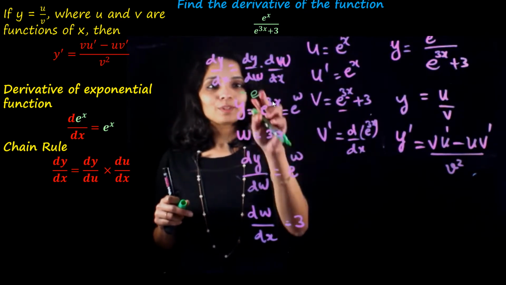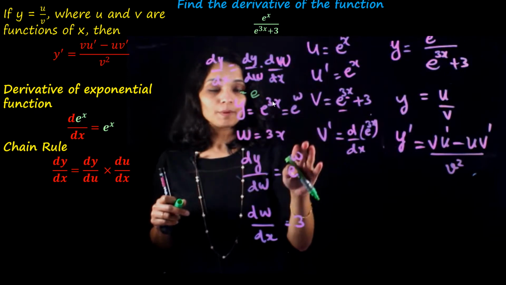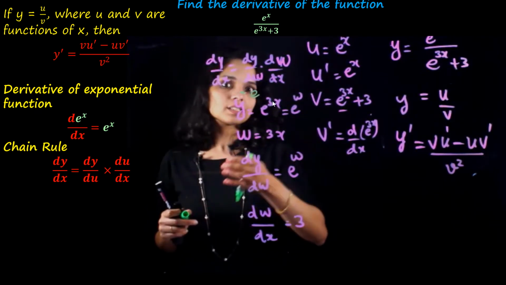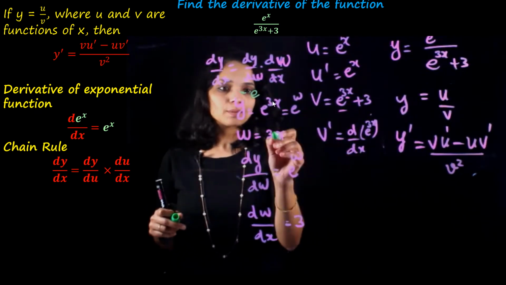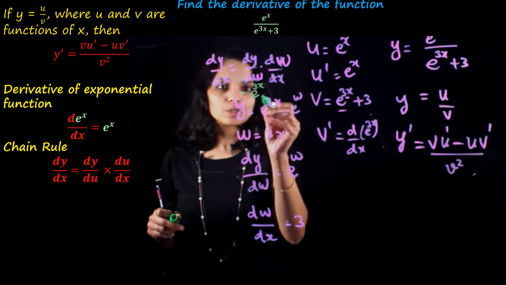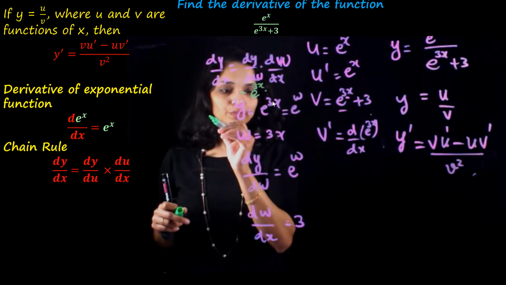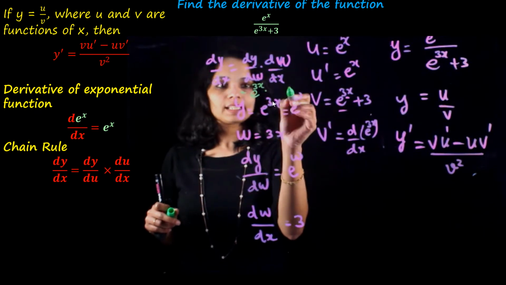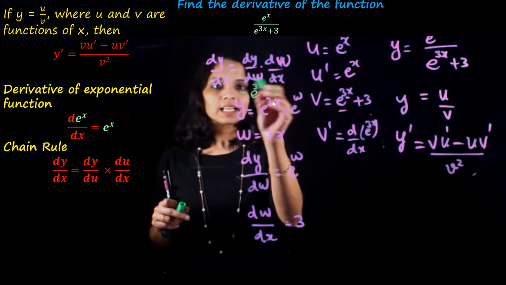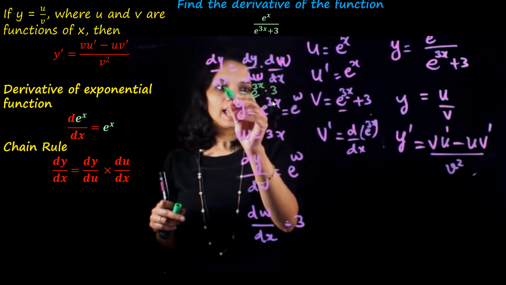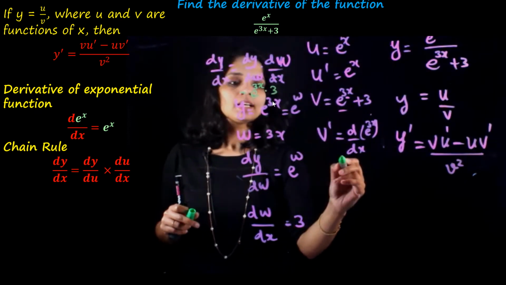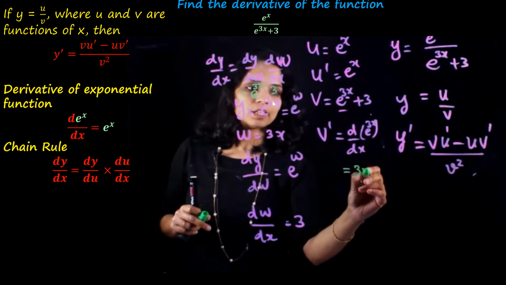Don't take this w as such into the final expression, because w is something you introduced and you can't have that in the final expression. So w is 3x, so I'll make that substitution back. e to the power 3x times dw on dx, which is 3. So it's basically this dy on dx, or v dash in here, is 3 e to the power 3x.